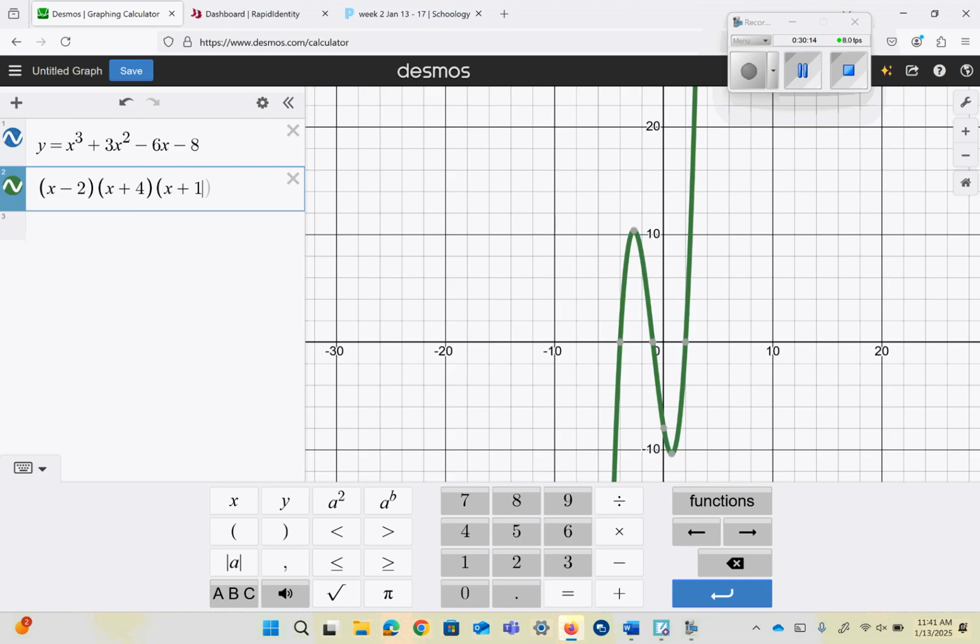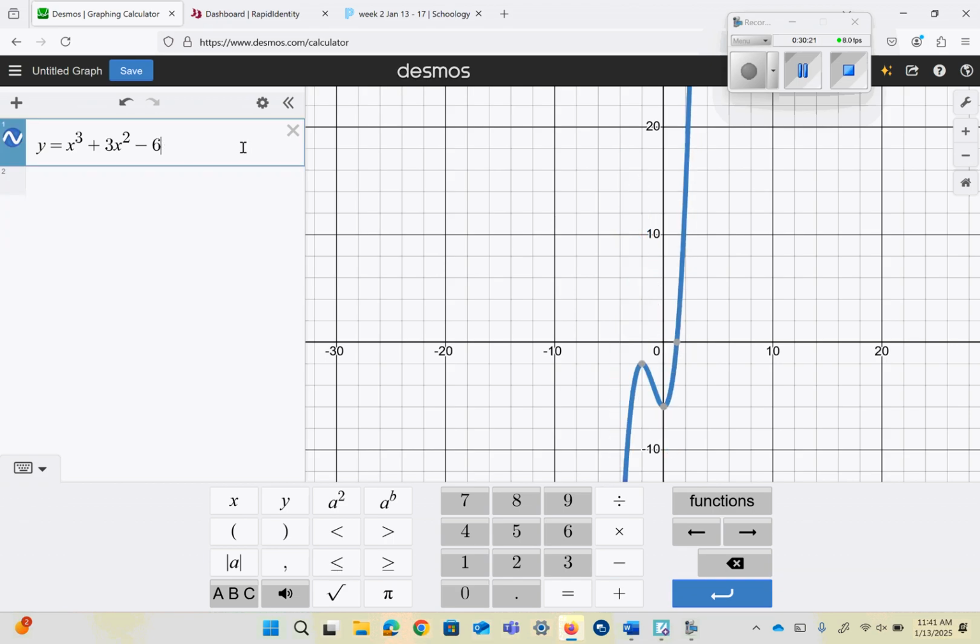There you go. That's that factored out. So you can literally just plug in to Desmos. It finds you the real solutions because they cross the x-axis.